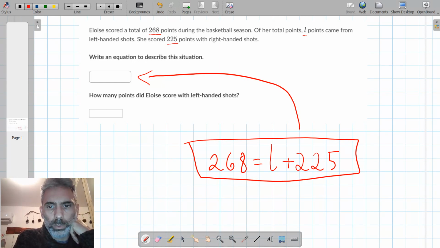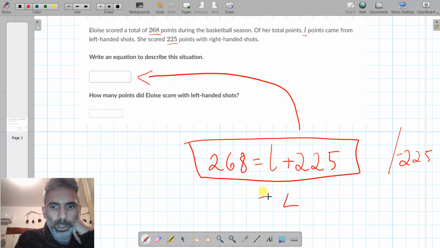So we need to isolate the L. So we need to subtract 225 from both sides of the equation. So on the right-hand side, we are left with L. And on the left-hand side, we need to subtract 225 from 268.